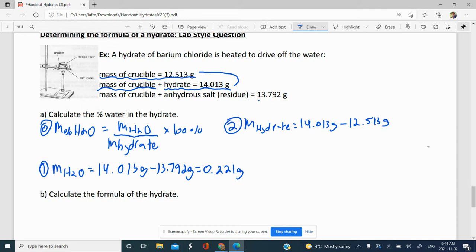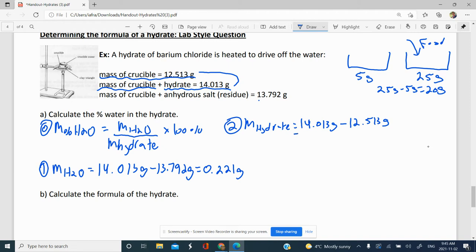Think of it this way: if you had a container that weighed 5 grams, and then you put in some food, and afterwards everything weighs 25 grams, well, you don't have 25 grams of food. You have 20 grams of food because the container weighs 5. So you have to take that into consideration. So 25 grams minus 5 grams means you have 20 grams of food in there, not 25 grams. It's the same idea, except you're not dealing with food, you're dealing with a hydrate.